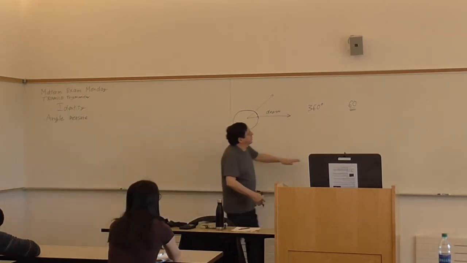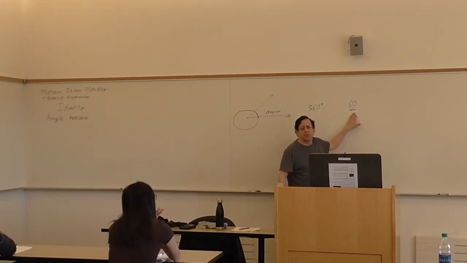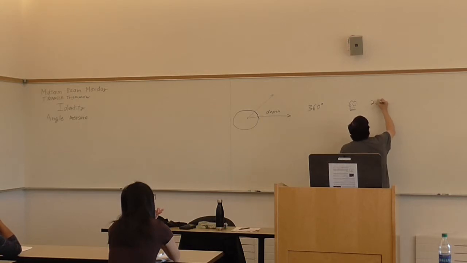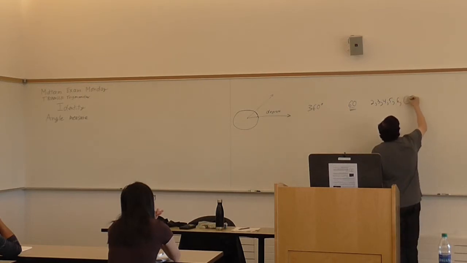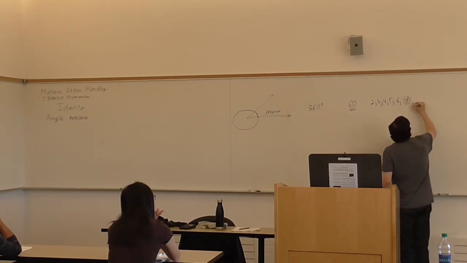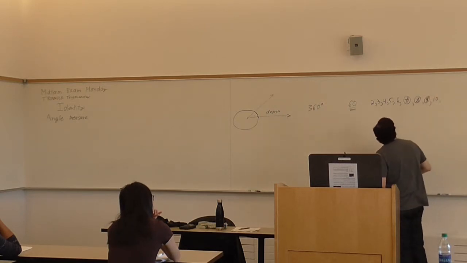Just a side note, this is actually a nice number for a certain reason. It's evenly divisible by 2, 3, 4, 5, yes, 6, not 7, not 8. I guess that's really it, not 9, but 10, right?